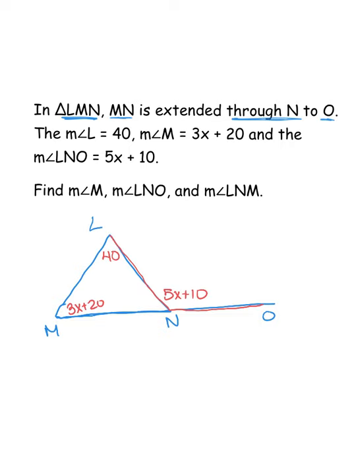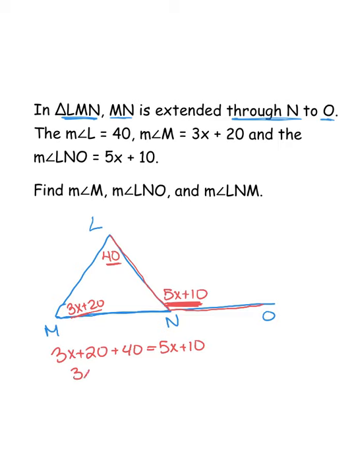So the first thing I'm going to do, if I look at my picture, I have an exterior angle and two interior angles that are not stuck to this outside angle. So my equation is going to be 3x plus 20 plus 40 equals 5x plus 10.